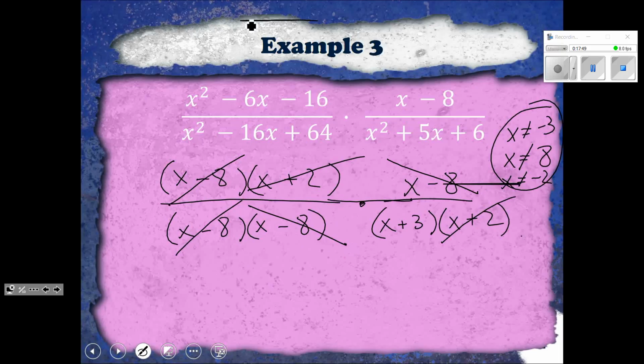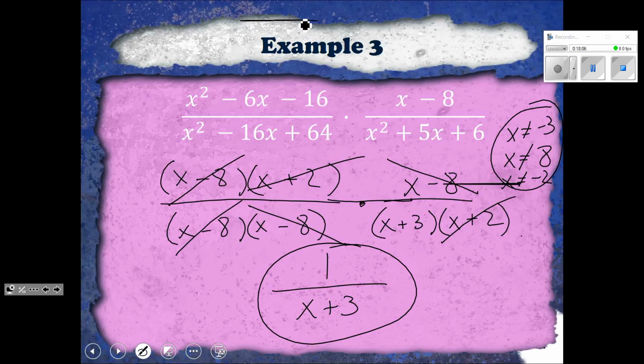So what's left? Is the answer just x plus 3? Where is the x plus 3? Which one is it? 0 over x plus 3 or 1 over x plus 3? 1. Can't have a headless fraction. So 1 over x plus 3. Okay?